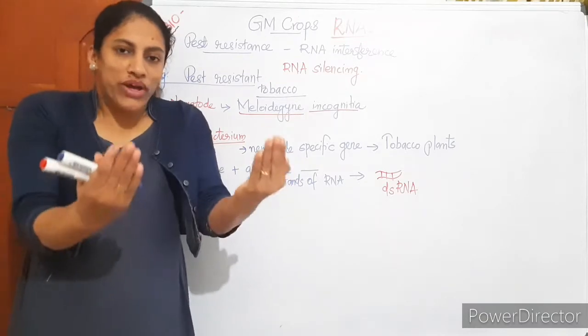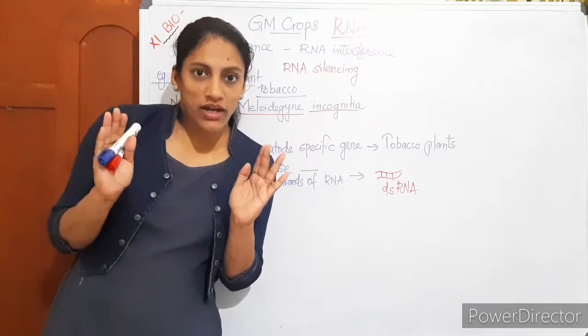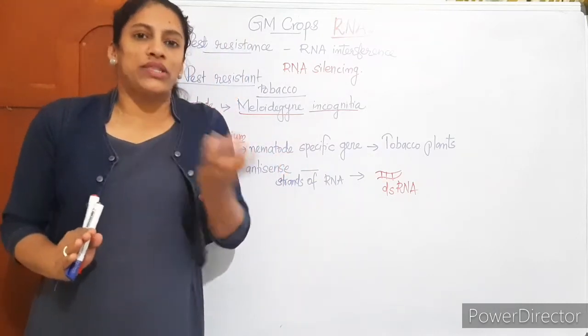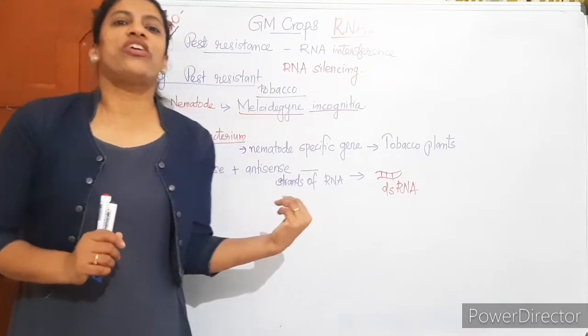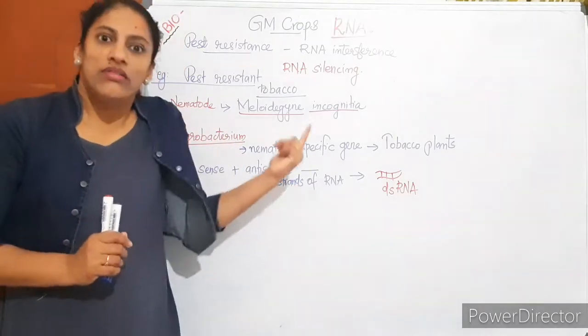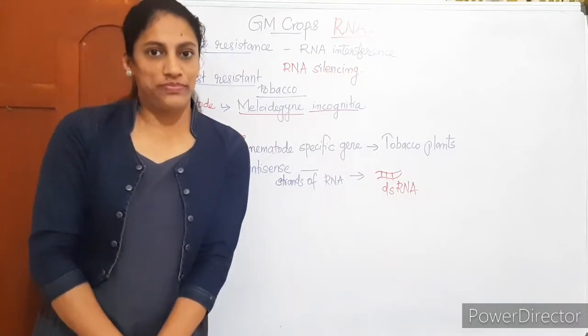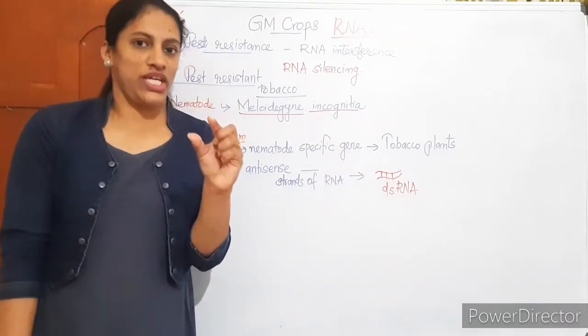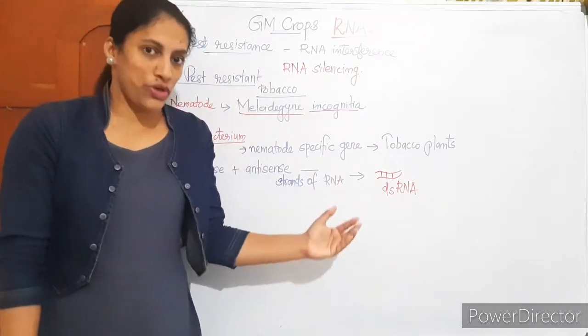Just imagine, when we take a vaccine in order to get protection from pathogens, we are taking the pathogen as such in the attenuated form or its toxin. Similarly, in order to get protection from the nematode, the nematode-specific gene is introduced to the plant which we need to protect.